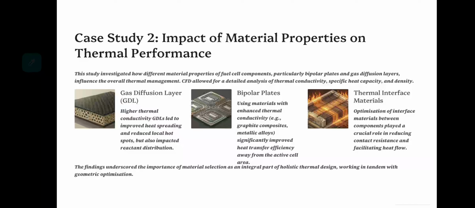Bipolar plates using materials with enhanced thermal conductivity, for example graphite composites and metallic alloys, significantly improved heat transfer efficiency away from the active cell area. Thermal interface materials: optimization of interface materials between components played a crucial role in reducing contact resistance and facilitating heat flow.